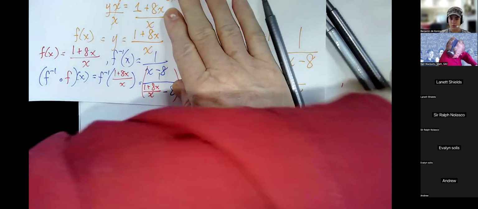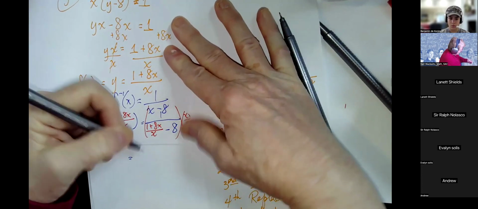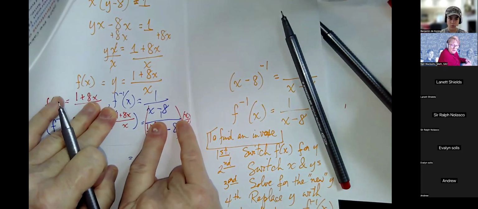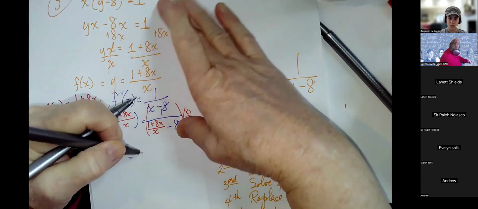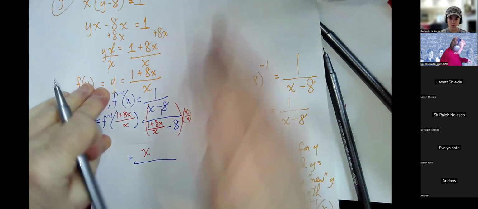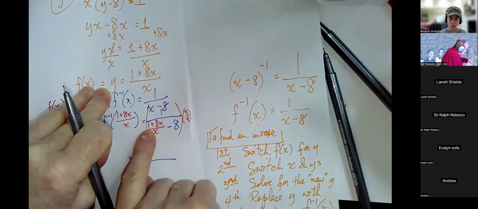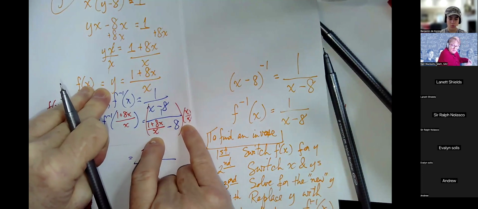In the numerator, I've got 1 times x, so that's just going to be x. In the denominator, I've got 1 plus 8x over x, times x.